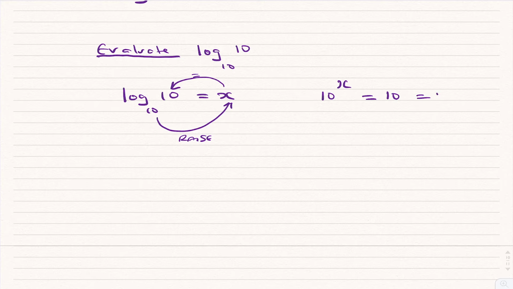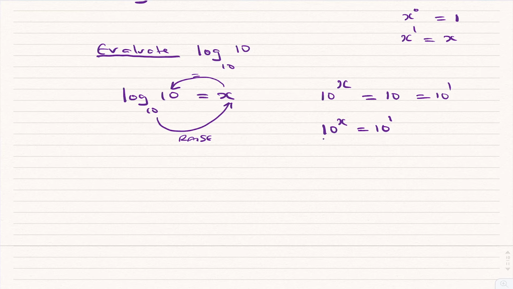But 10 is also what we know as 10 to the power of 1, because x to the power of 1 equals x, and x to the power of 0 equals 1. So now we have 10 to the power of x equals 10 to the power of 1.